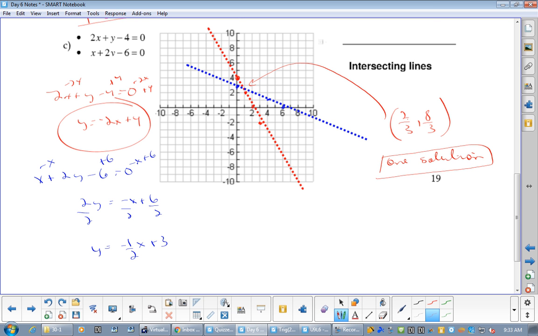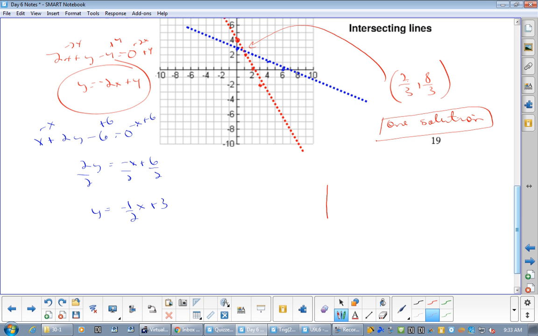Is there any other scenarios? Can I have two solutions? No, not with lines. Okay, next year you will be doing like a quadratic and then a line intersecting, so that you can have two answers, you can have one answer, or you can have zero answers.